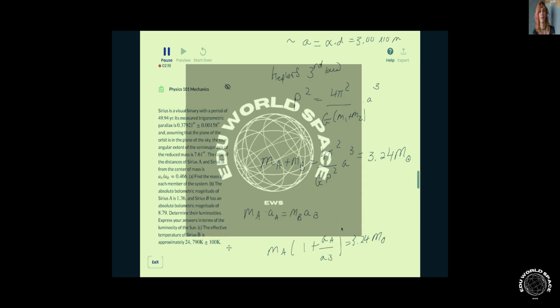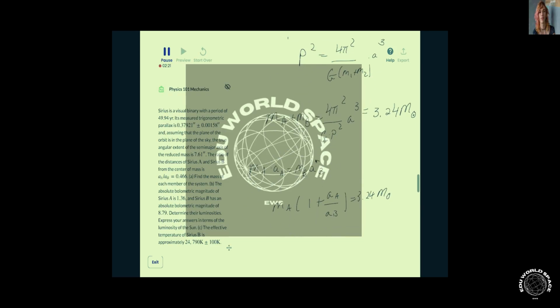So all that we have to do now is solve for the individual masses, mA and mB, using these equations. And when we do so, you should get that mA equals 2.21 M star, and mB equals 1.03 M star.